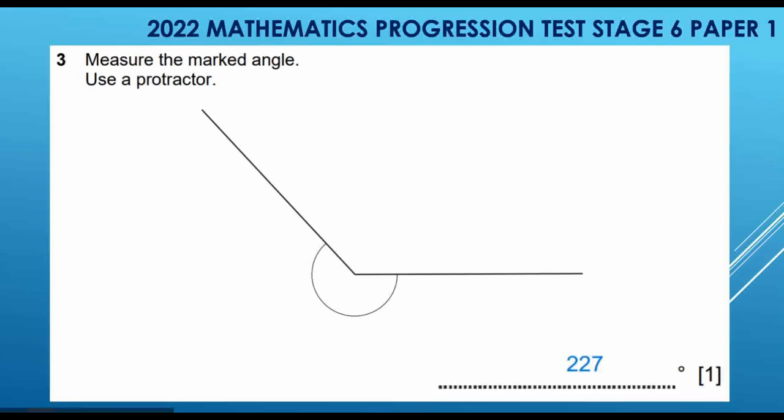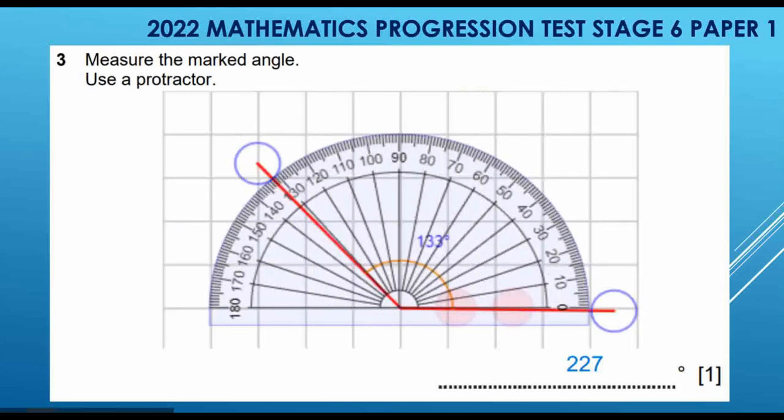It's 227. How did we get that? If we measure that angle with a protractor, we put the 0 on one leg of the angle and go to the other leg of the angle, and we stop at 133.